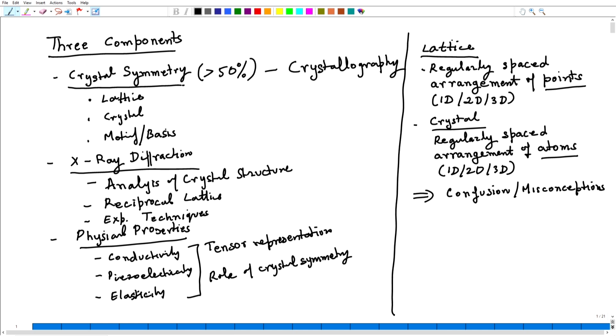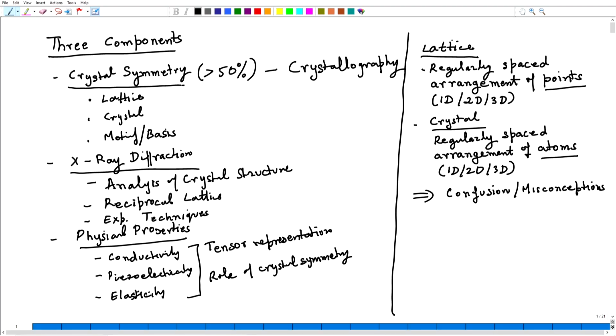Some of the misconceptions we will come across as we go along in this course, and my attempt would be to remove all those misconceptions that have crept through. These misconceptions have crept through partly because in a very basic material science course, there is a small topic on crystallography, and in order to make it simple enough to understand, some of the concepts actually become wrong.